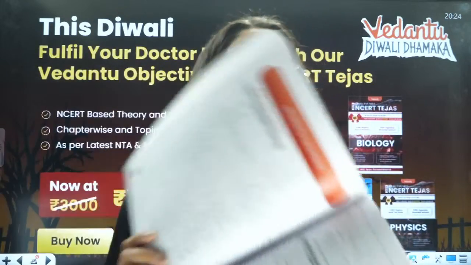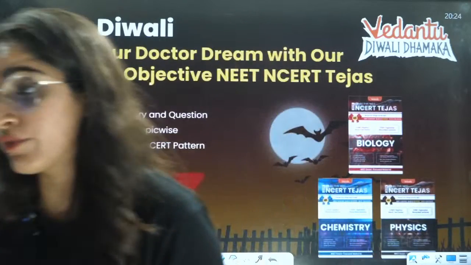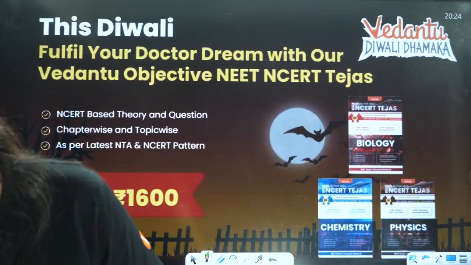So different types of questions will be there, and proper NCERT solutions are also given to you, and you have this QR code also, if you find any error or if you want to see the solution.